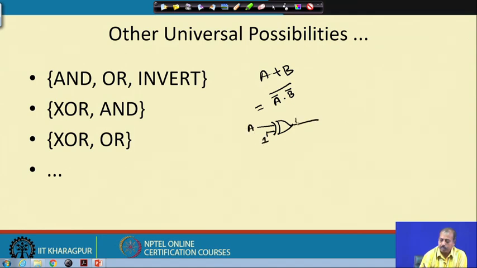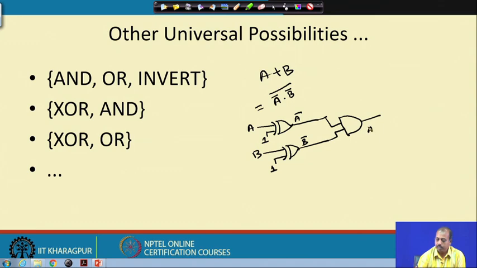So, this is your A bar, and similarly I take another XOR gate with one input as B and the other input tied to 1. So, this gives me B bar. Once I have A bar and B bar, I can take an AND of these two.